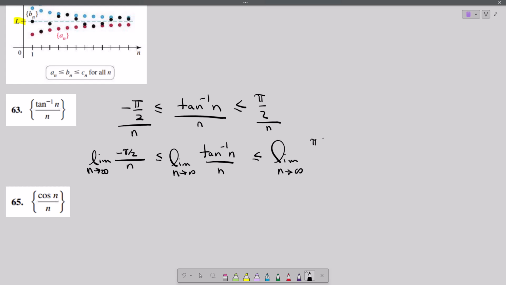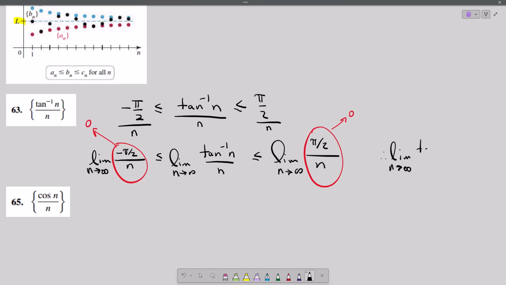As we take the limit across the board, what do we see about the right side and the left side here? Do those approach something we know? 0. If you have a constant divided by a denominator that's getting arbitrarily large, those both go to 0. And so then we can draw our conclusion. Therefore, the limit as n goes to infinity of the thing in the middle must be 0.